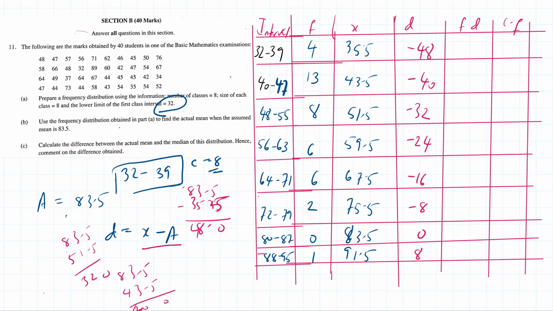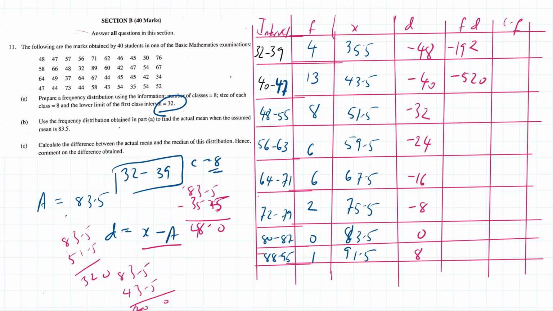Then we are going to find the product of frequency and deviation. So you have 4 times negative 48, which is negative 192. Then you have 13 times negative 40, which is negative 520.